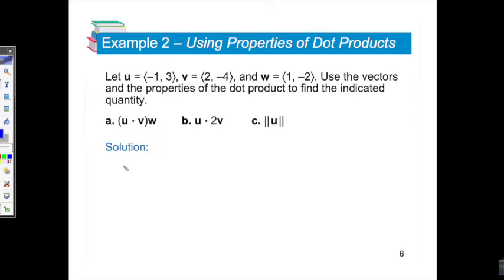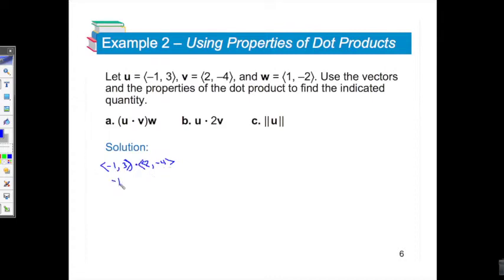u dot v. That's going to be -1, 3, a vector, which is dotting 2, -4. And when I compute the dot product, what I'm going to do is multiply the first two terms together and multiply the second two terms together.